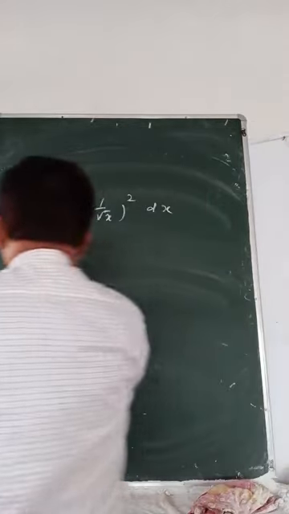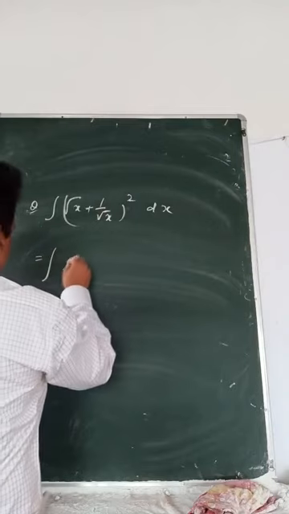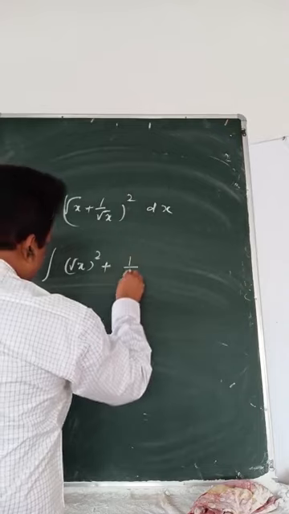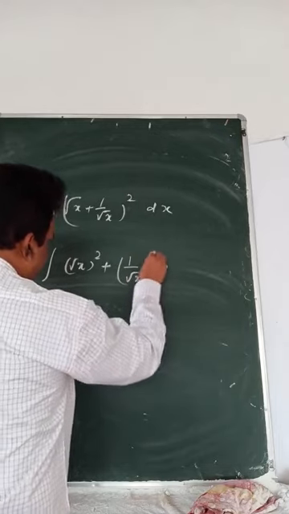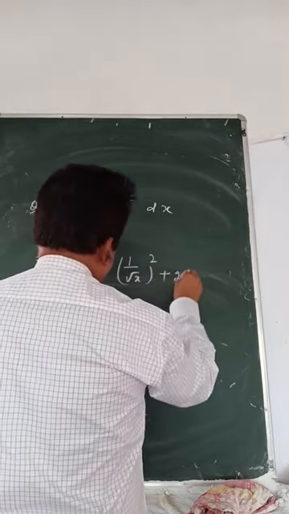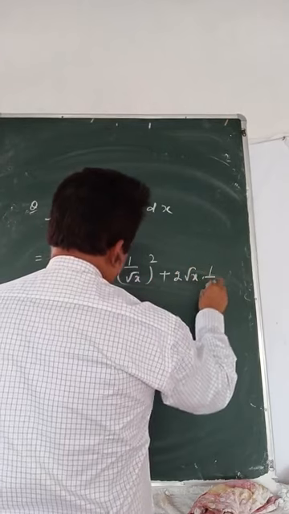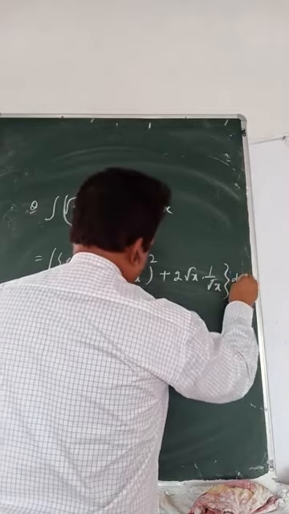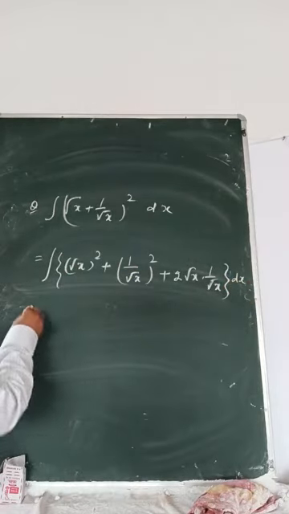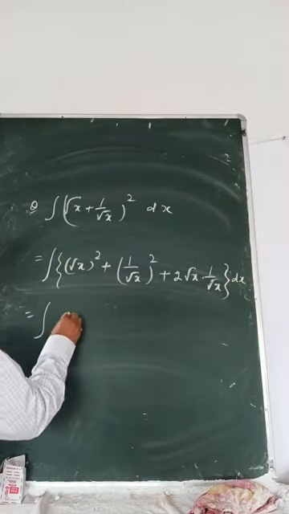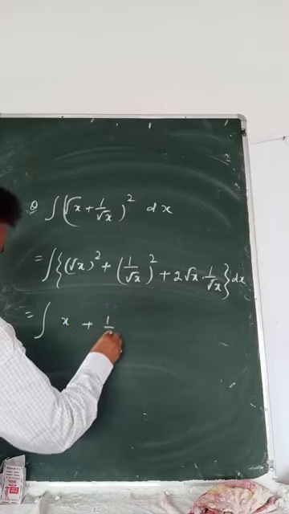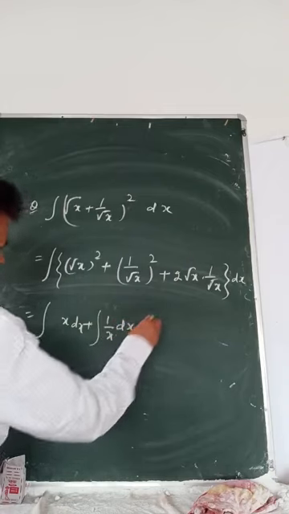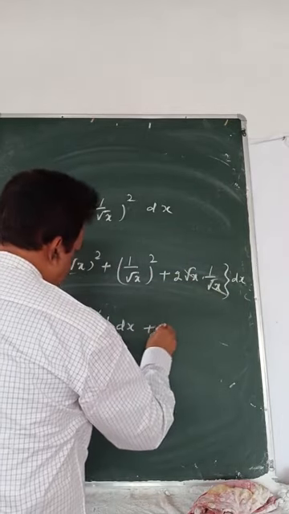Now look at here, this is (a plus b) whole square: a square, b square plus 2ab, dx. So it will become x, 1 by x dx, then this is cancelled, 2 dx.